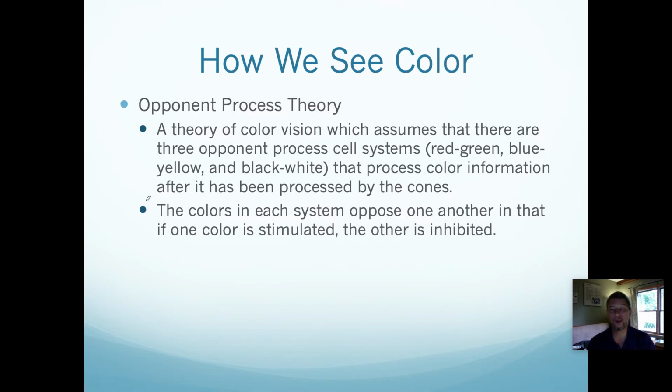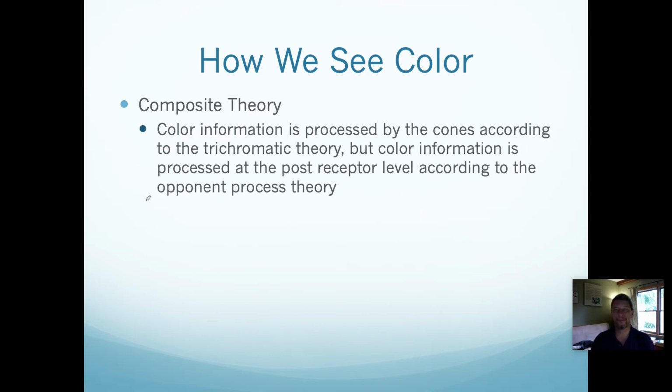Now, interestingly enough, it turns out that reality is probably not either trichromatic or opponent process. It's probably a combination of both. And we refer to this as the composite theory. We're taking both theories and kind of putting them together.